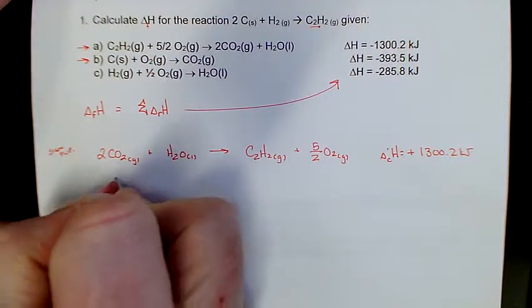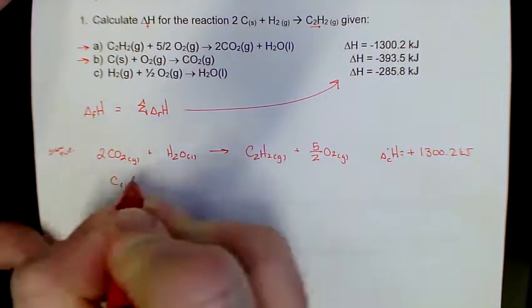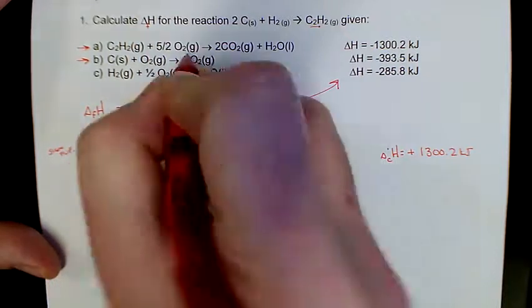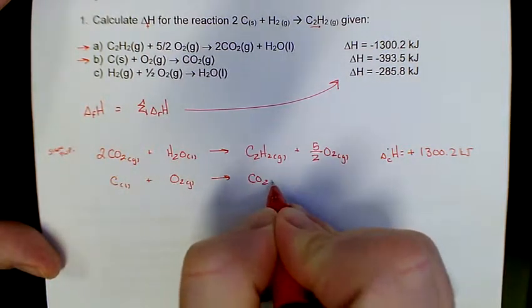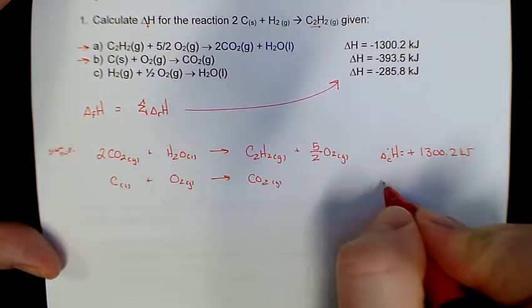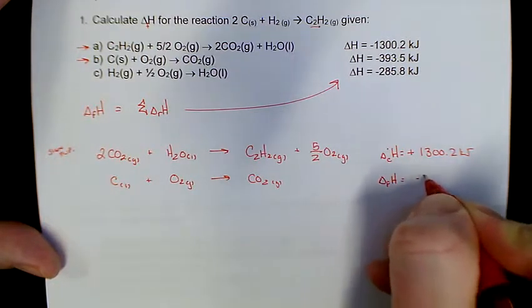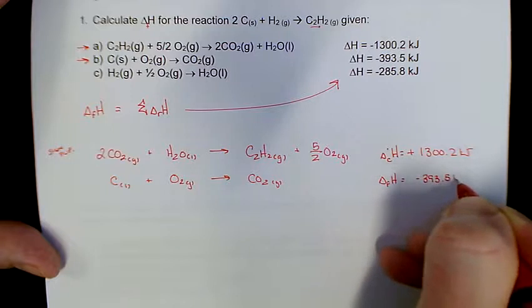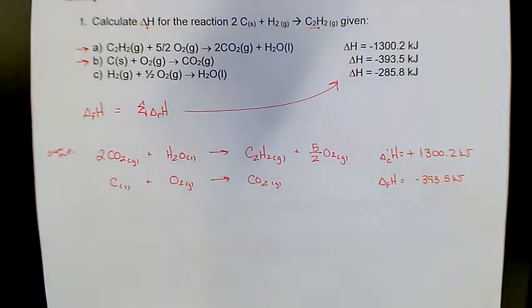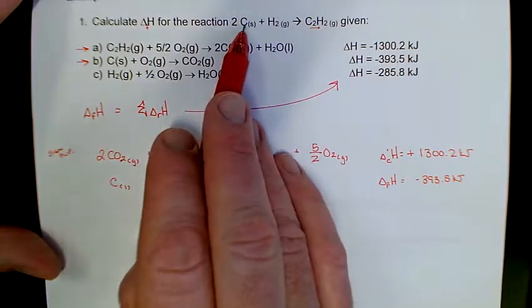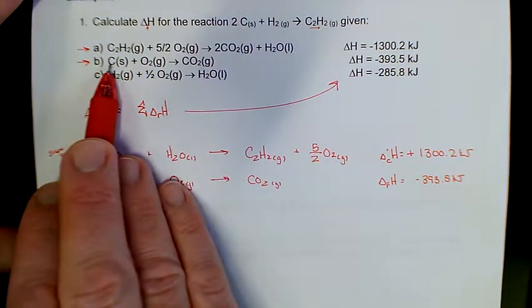So I take a look at that, and I have carbon plus oxygen is going to yield for me carbon dioxide. And that will give me delta FH for this one of negative 393.5 kilojoules. Now, some of you are already saying, hey, Mr. B, wait, hold on a second. There are 2 moles of carbon needed in my target equation, but I only have 1 mole here.